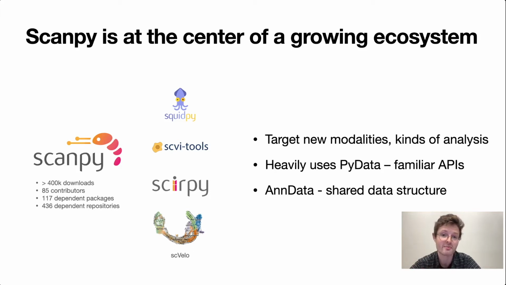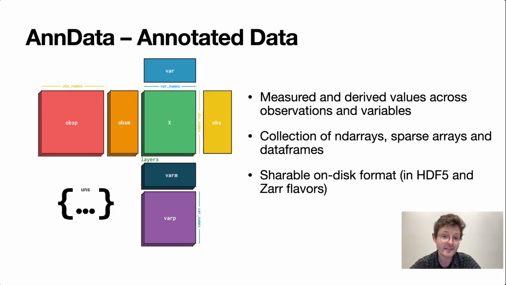This is what I spend a lot of my time thinking about. This core data structure is called AnnData, short for annotated data, and at its core, it's an annotated matrix. You have your main data matrix X, whose core dimensions, the rows and columns, correspond to observations and variables, respectively.